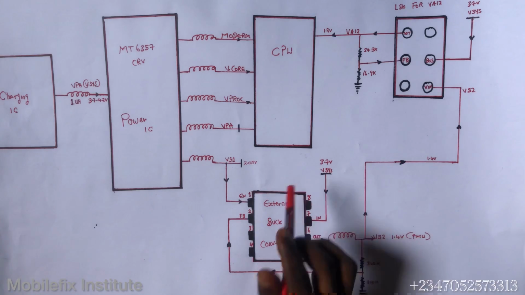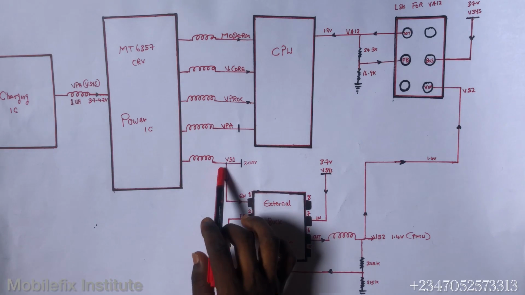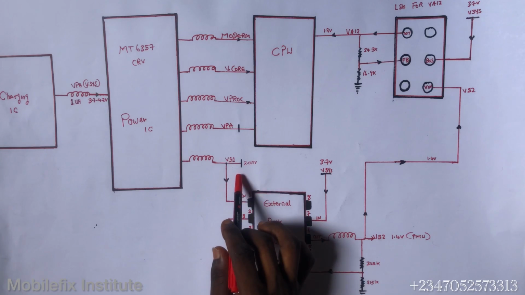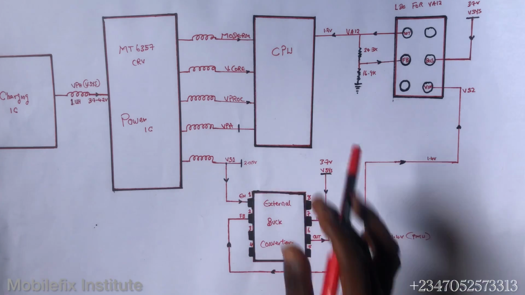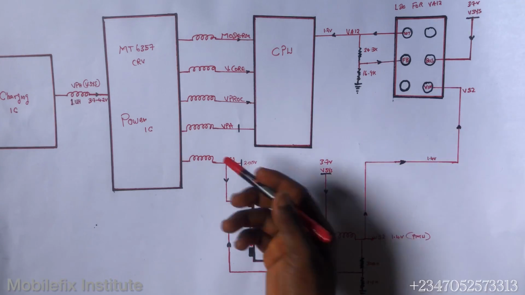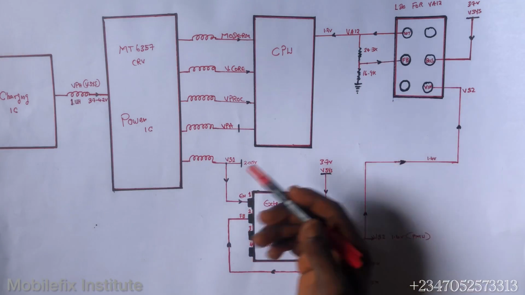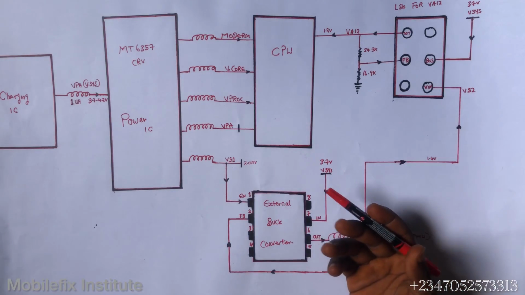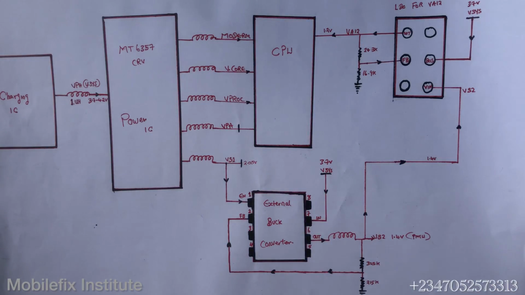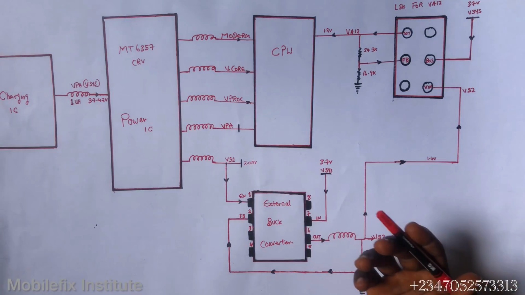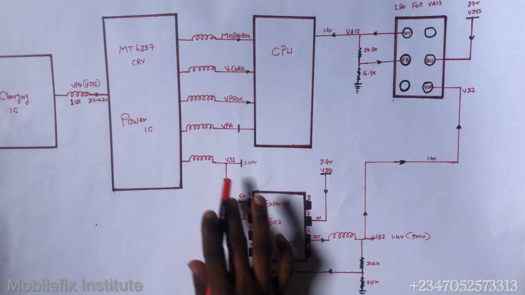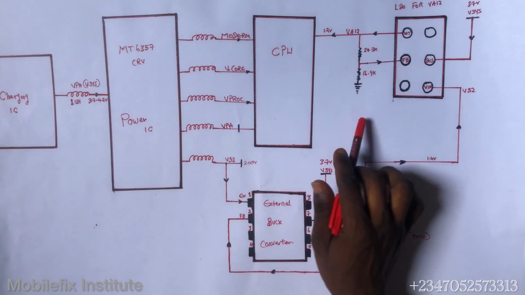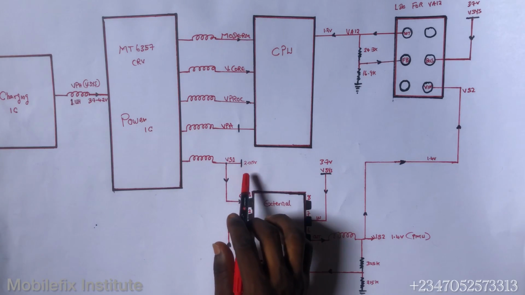Okay, now there's the fifth coil that is called VS1. Now this coil is called VS1, but it is the higher LDO. In Qualcomm, you see the higher LDO, HLDO, that is high LDO. Then you also have lower LDO in Qualcomm, but in this MediaTek, instead of higher LDO, you see here VS1.